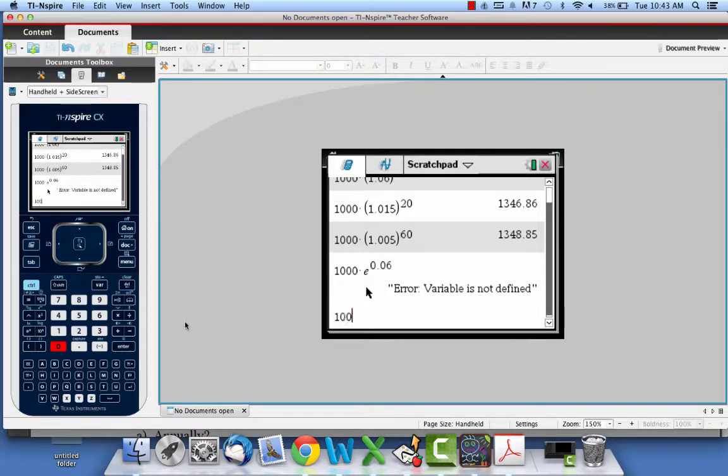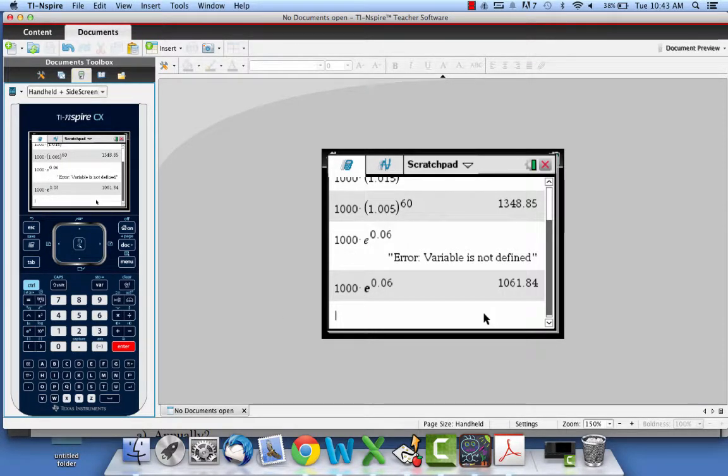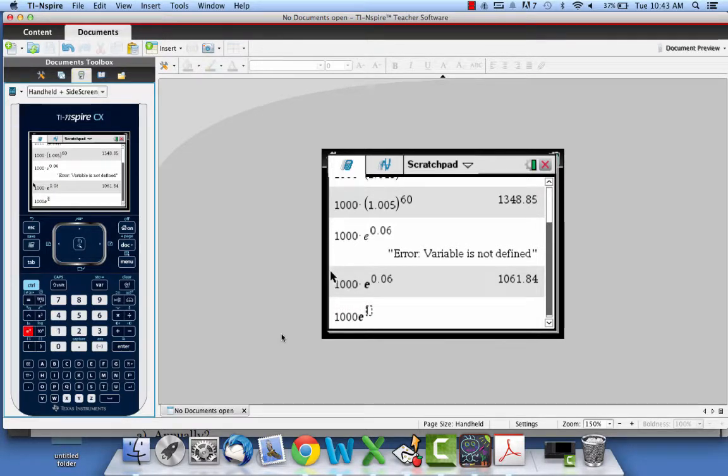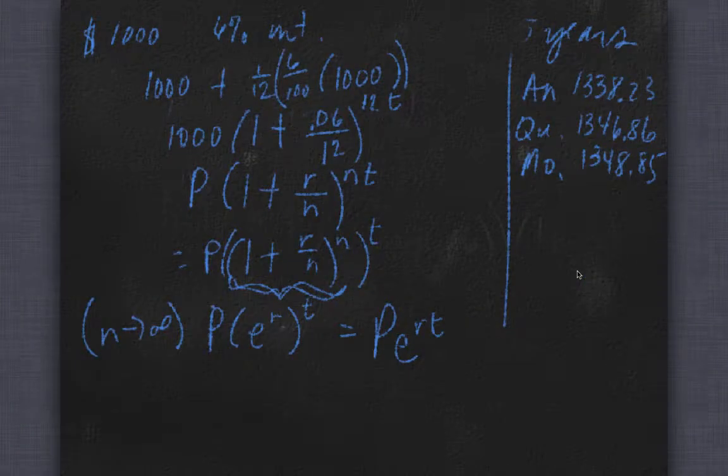Okay, so 1000 e, it's a little bolder, to the 0.06. Okay, 1061.80, that can't be right. Oh, I forgot the 5. So this is to the rt, so 1000 e to the 0.06 times 5, $1,349.86.